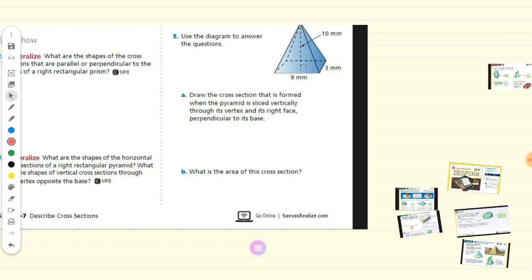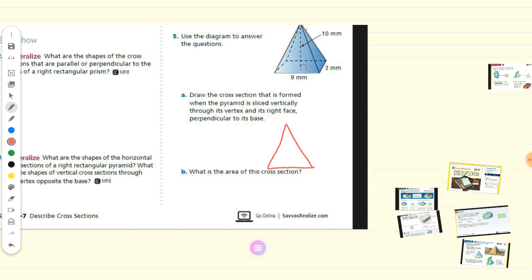Through its vertex and its right face, perpendicular to the base. We all know that this slice, the vertical slice, will be in the shape of a triangle. Okay, but what about its height and its base?